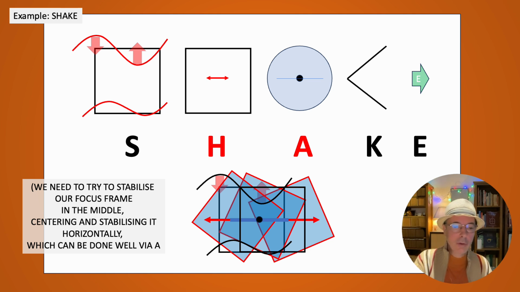Here I show it to you how it's centralized with its stability horizontally, like the A is always in the background, having a stability on a horizontal plane, and this can be done very well with the A as well.